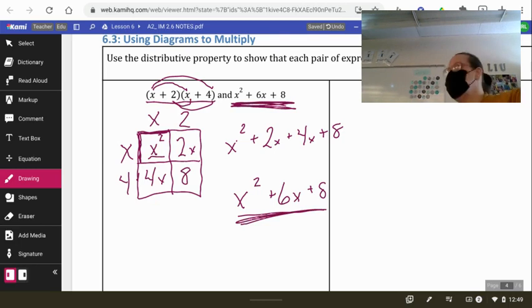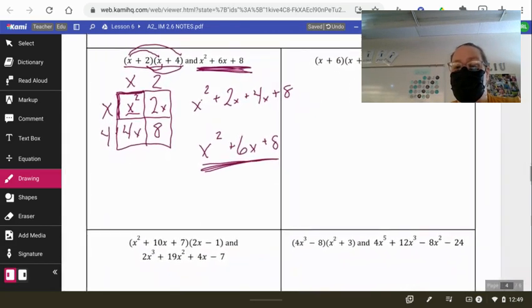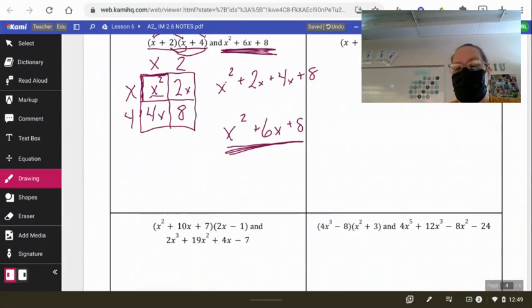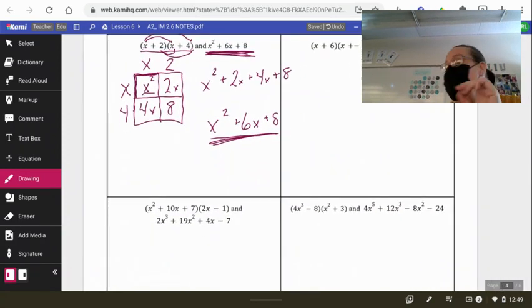Again, if you want to use the box method, awesome. If you want to distribute that and just keep track of what you're multiplying, however you remember multiplying these is totally fine. What I want you to do, and I'm going to give you several minutes to work through these, is there are 3 more on this paper that I want you to multiply out. Prove to me that the factored form is equal to how it's written there in standard form.